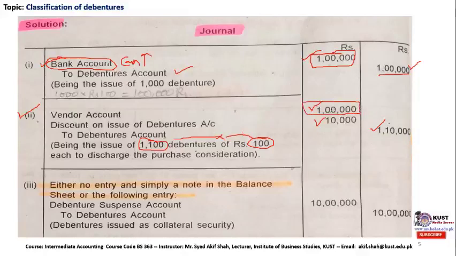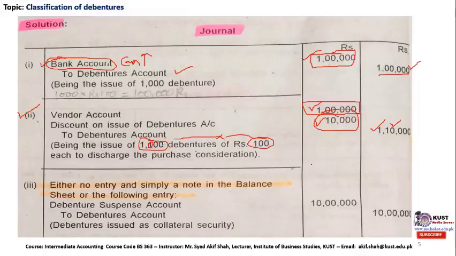However, the company has issued to the vendor 1,10,000 rupees worth of debentures. So it means that the company has actually issued its debentures at a discount. If it would have issued them at par, the company would have been required to issue only 1,000 debentures to the vendor.